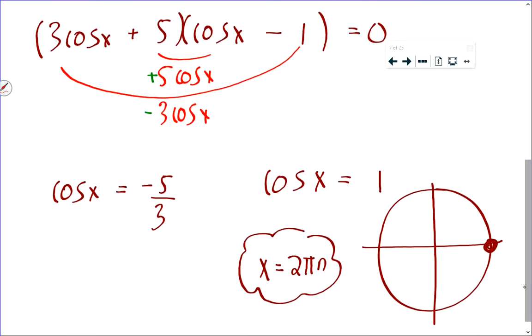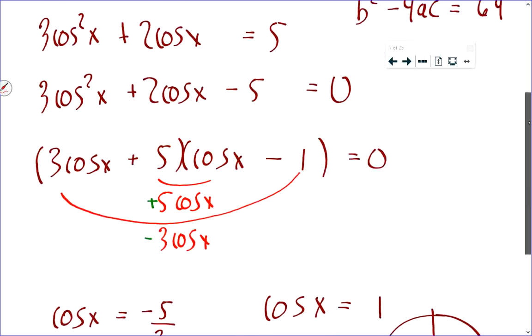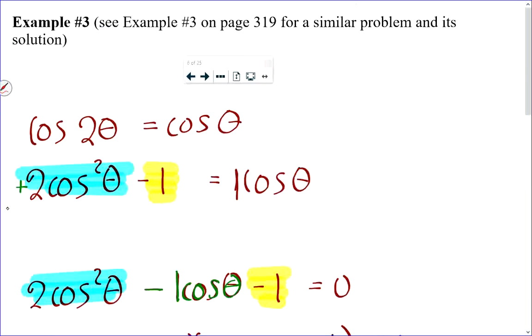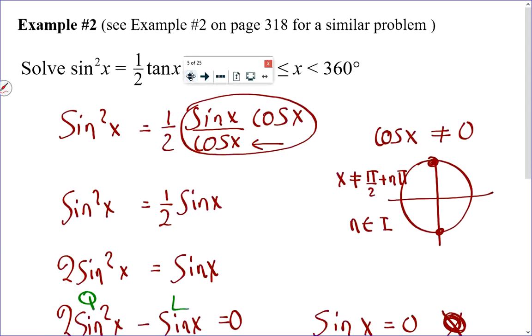Is this location in one of those non-permissible locations? No. So our answer is right. I want to go back and check something because I just want to make sure this is what I wrote for the other one. For some reason, I think I wrote something different. That was the one with the tangent. No, I wrote the correct thing. I thought in my head, I wrote plus multiples of pi over 2.